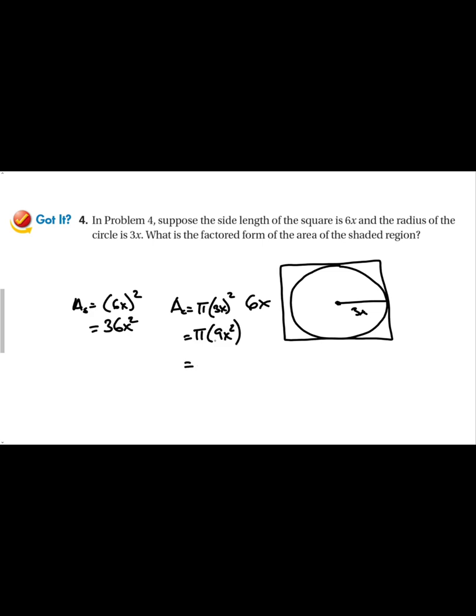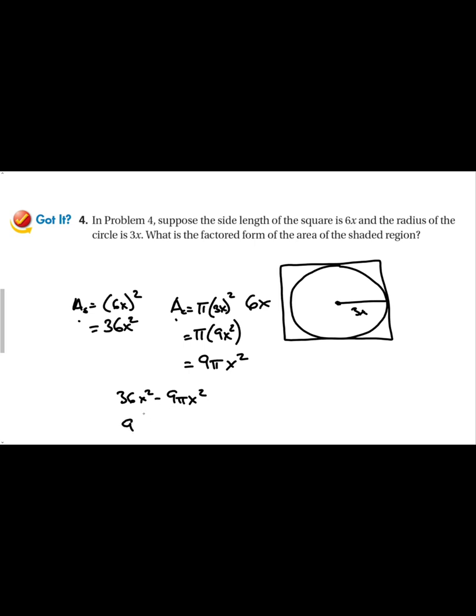So usually when we have an expression like this, we write the number first, then the irrational number, and the variable last. Big one minus small one gives me 36x squared minus 9 pi x squared. And in factored form, I got to ask myself, can I factor out a number here too?